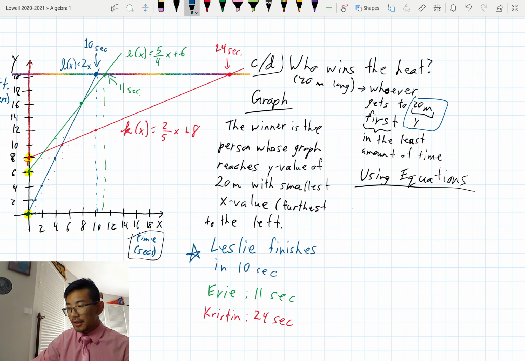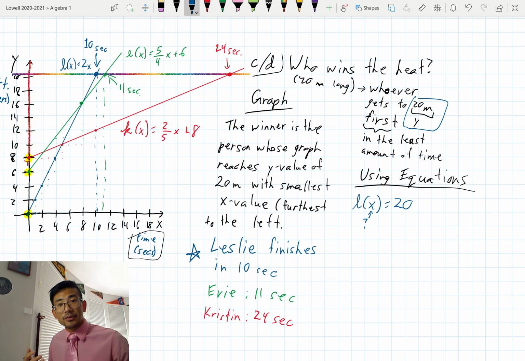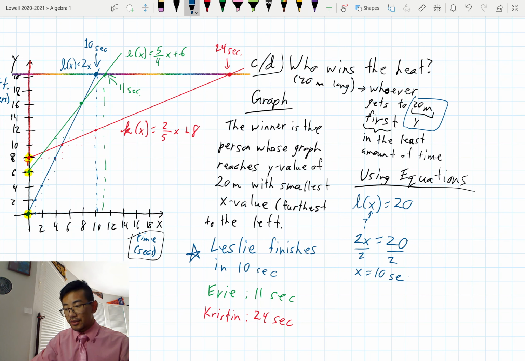For Leslie, L of x would equal 20, and the question is, what is the time? Well, now we can just substitute in, and this is a little bit of practice with evaluating functions, inputs and outputs. This would be 2x equals 20, and to get x, I'll divide by 2. So x equals 10 seconds, just like we predicted with our graph.